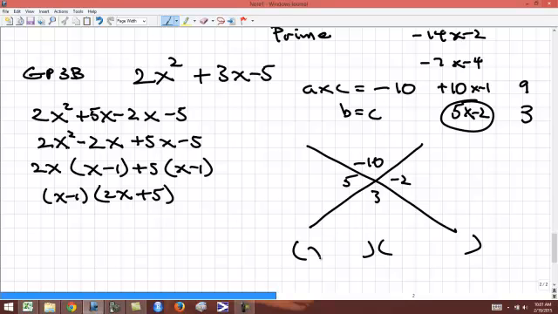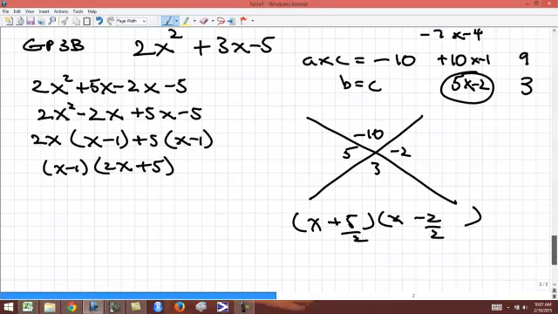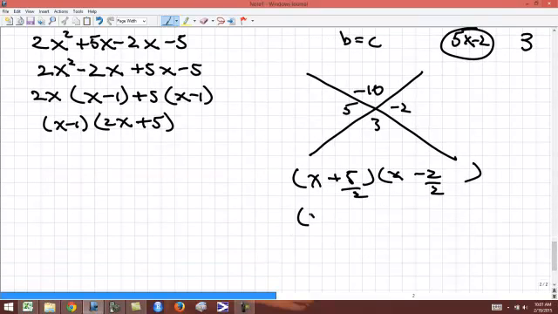And so I have x plus 5 and x minus 2, and I'm going to divide by the leading coefficient, which is 2, and I end up with 2x plus 5 times x minus 1. All right.